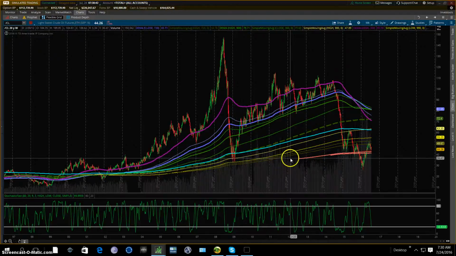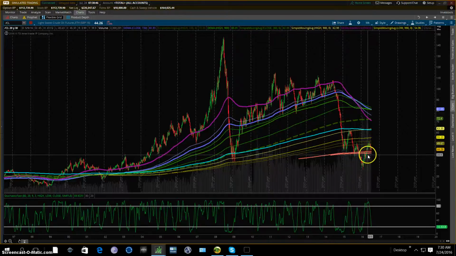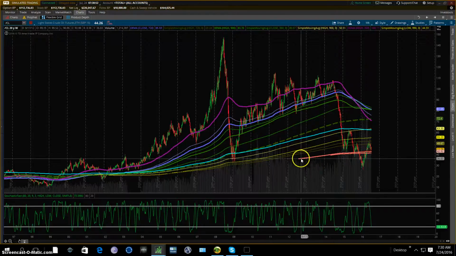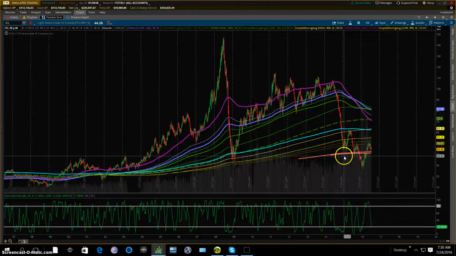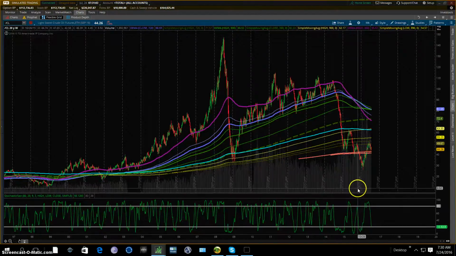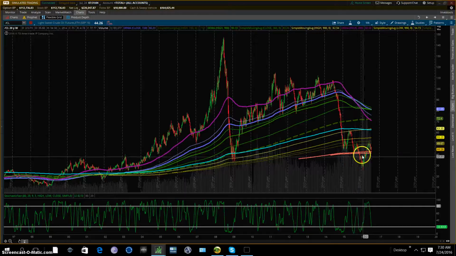Anyways, I will explain some of that too, but the weekly, for example, looks like an inverse head and shoulders right here. These red moving averages don't go out any further because they're big moving averages. So on a weekly, you've got an inverse head and shoulders.